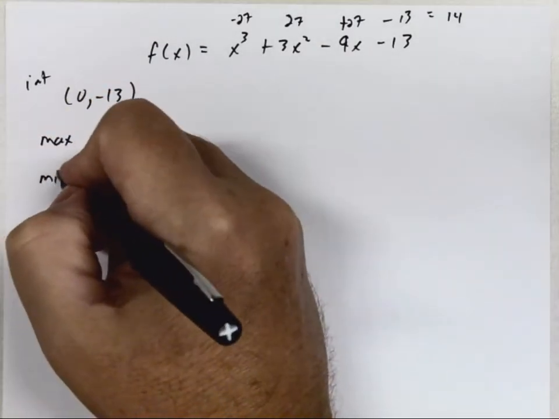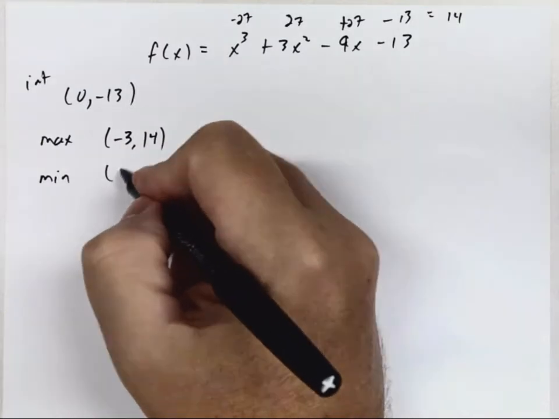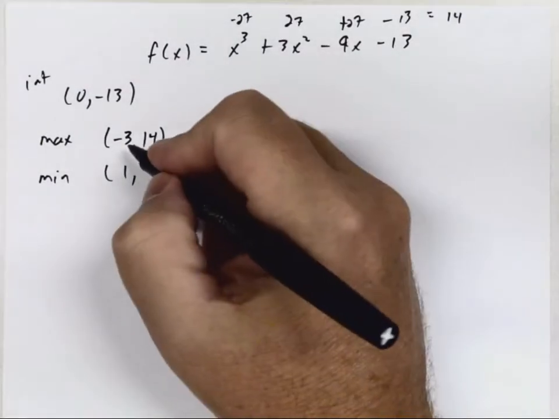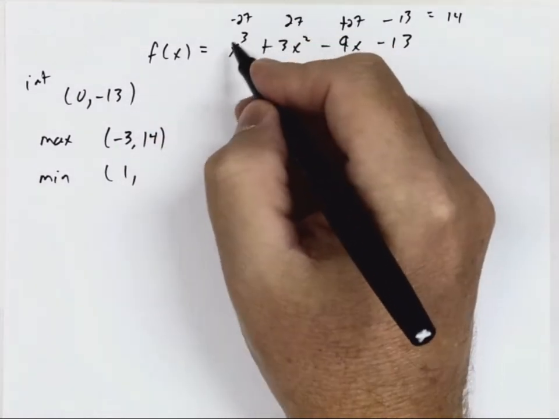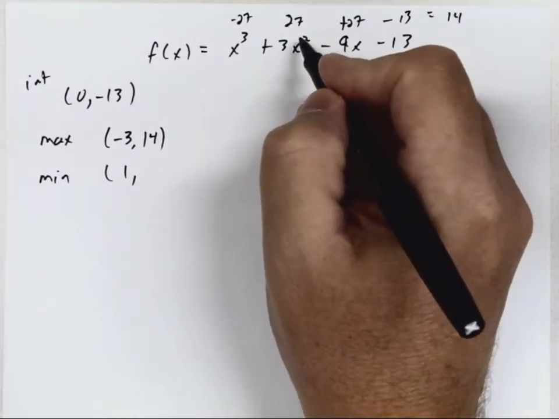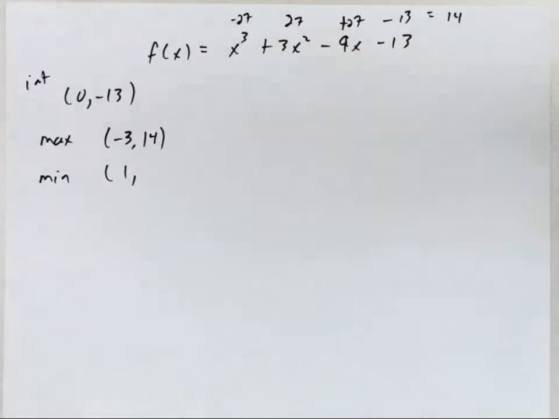We know that the minimum, the value of x was 1. So if I try to get this point, I'm going to check this -3 again, just to be sure. -3 cubed, -3 times -3 is 9, times -3 is -27. -3 squared is 9, 9 times 3 is 27. So those actually cancel out.